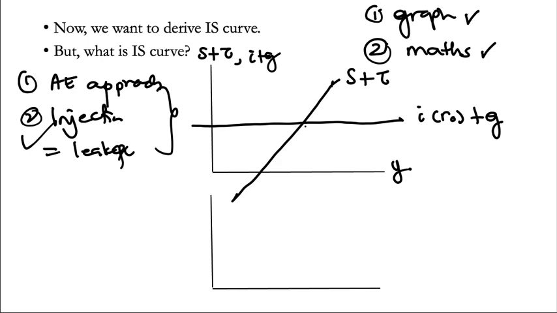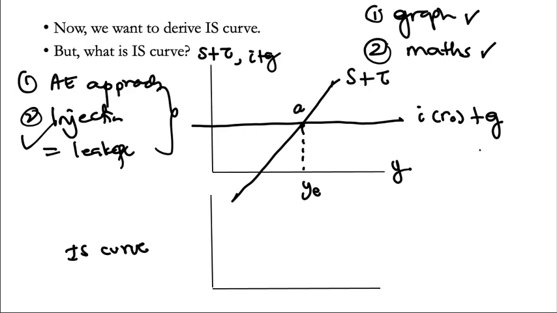And of course, current equilibrium is here, call it point A. Equilibrium income is YE.